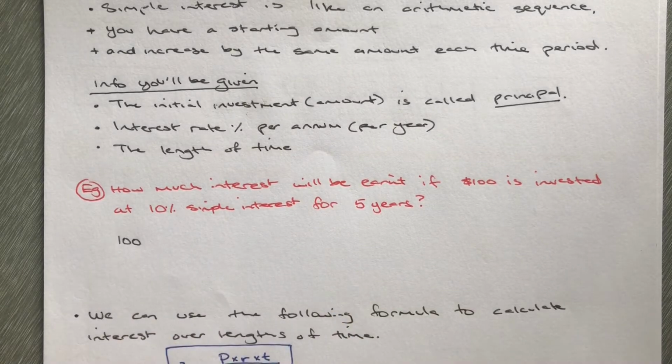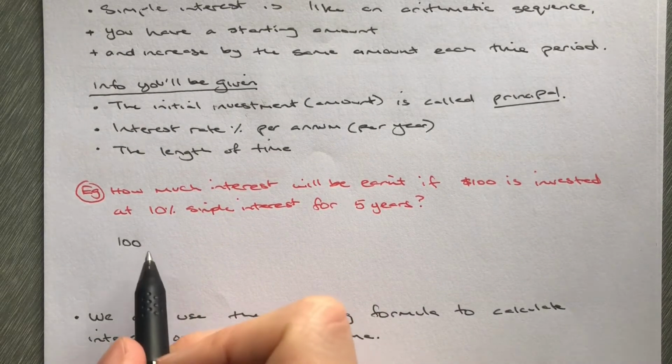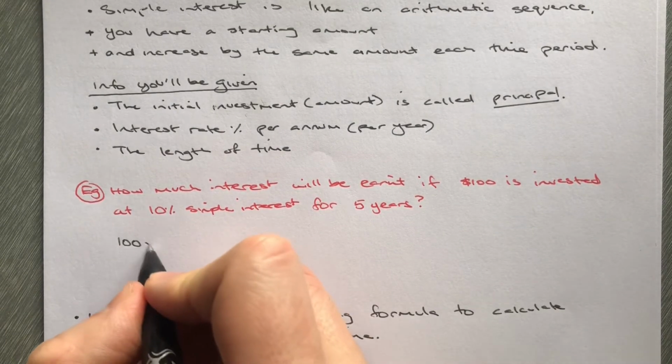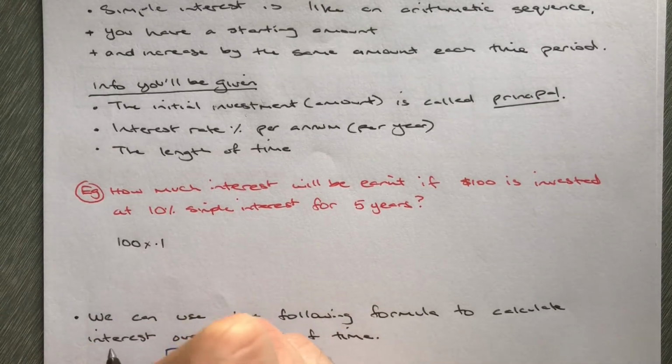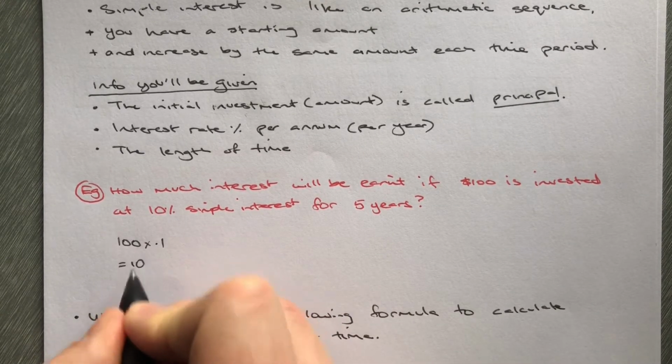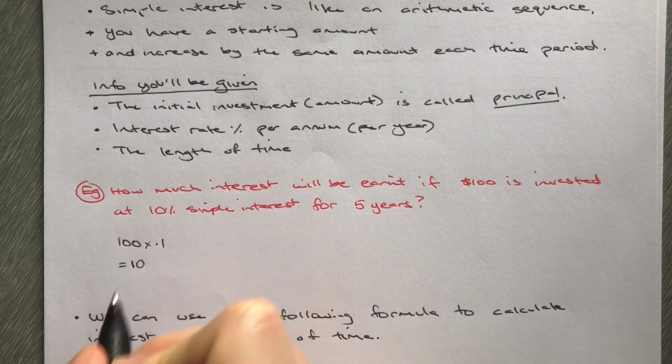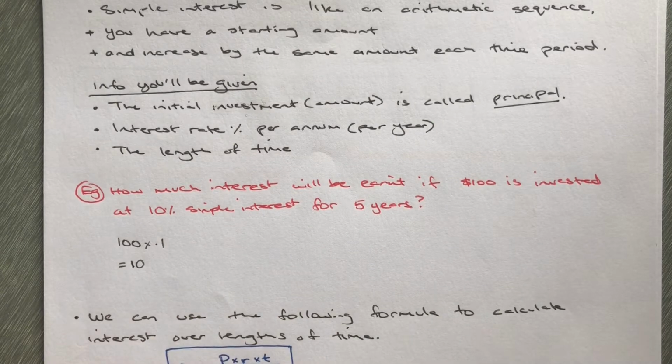To work out how much that 10% is, we'd just be timesing our starting amount by 0.1, and that's going to give us 10. So the amount of interest that we're going to earn in a year is actually $10. And because it's simple interest, that just keeps reoccurring.